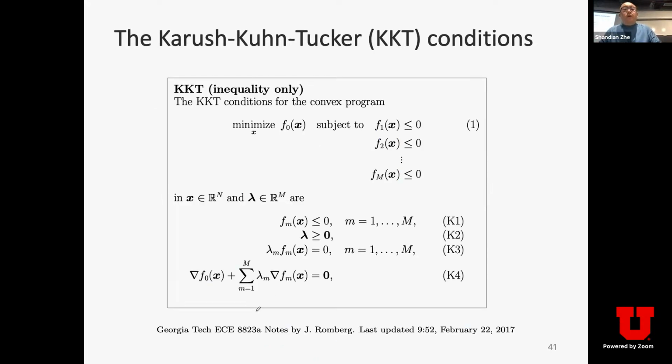We're going to introduce the so-called Karush-Kuhn-Tucker conditions, named as the KKT conditions. How many of you have heard of KKT conditions? How many of you have taken any optimization class before? KKT conditions serve as the core of optimization theory.